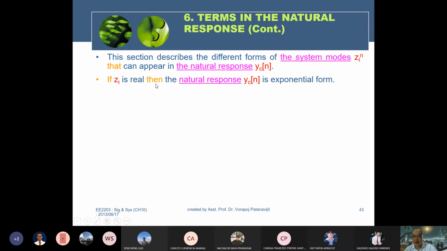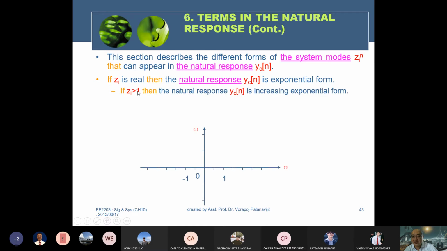If zi is real, then the natural response will be in exponential form. For example, if zi is greater than 1, such as 2 or 3, you can see that the complementary function, or the natural response, will increase without bound as n increases, in exponential form.